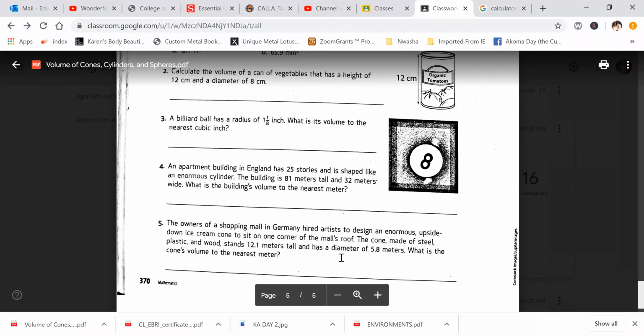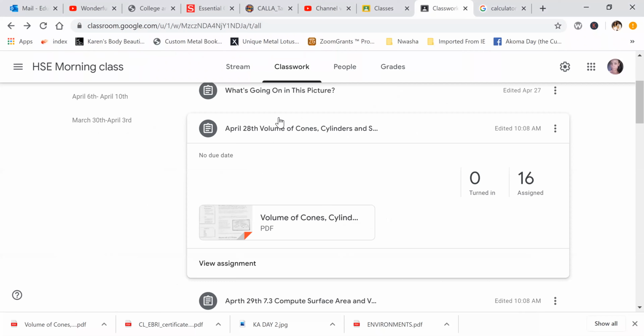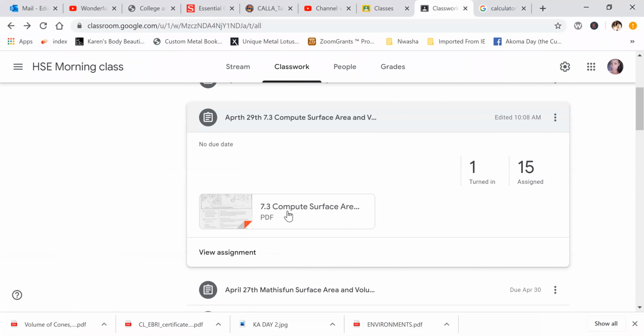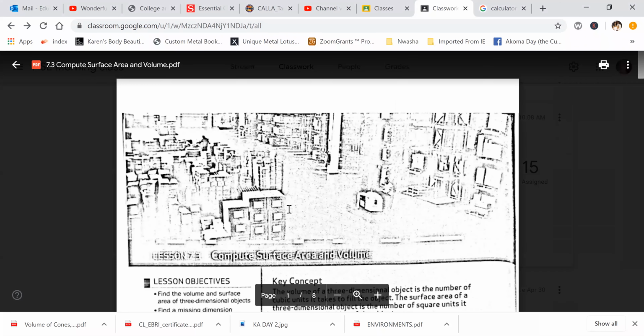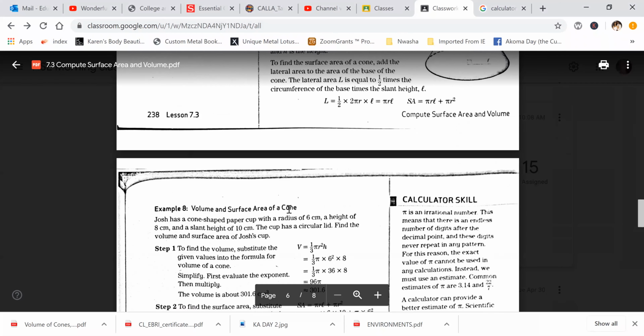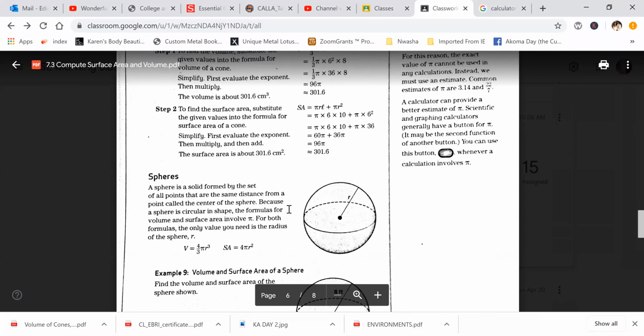Some people haven't finished the quiz from Math is Fun, so that's why I uploaded this one, to give one more day with the formula. So this one that says 7.3, tomorrow, we just have sphere left.